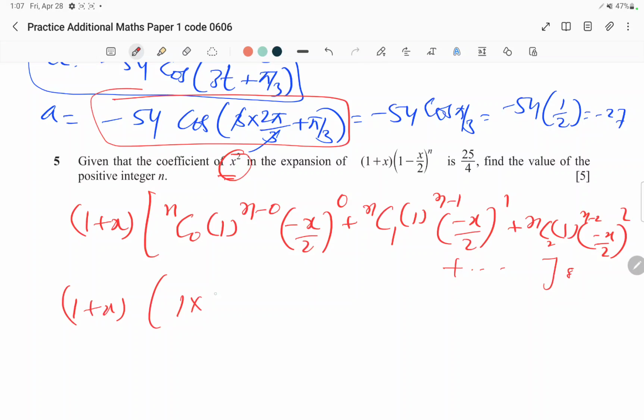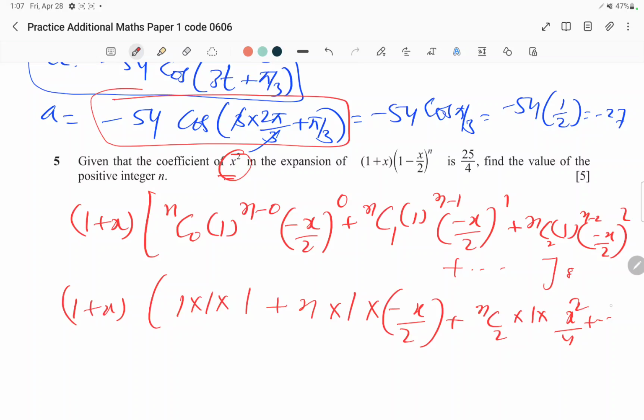Now nC0 is 1, 1 to the power anything is 1, minus x to the power 0, that's 1. Now nC1 is n, 1 to the power n minus 1 is 1, and this is minus x over 2. nC2, we can write nC2 only, and 1 to the power n minus 2 is 1, and minus x over 2 whole square is x square over 4, and then dot dot dot.